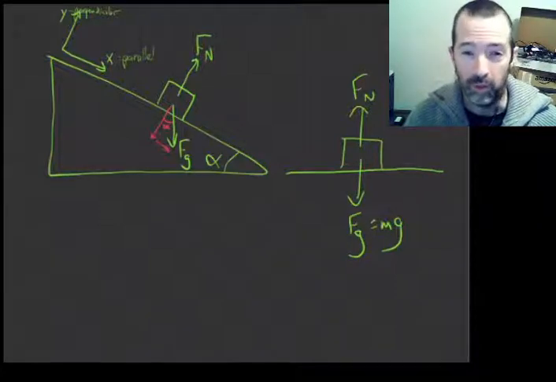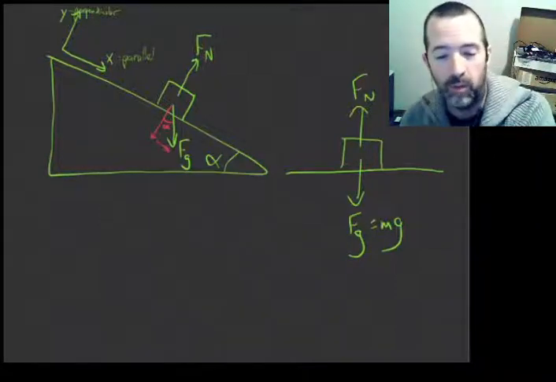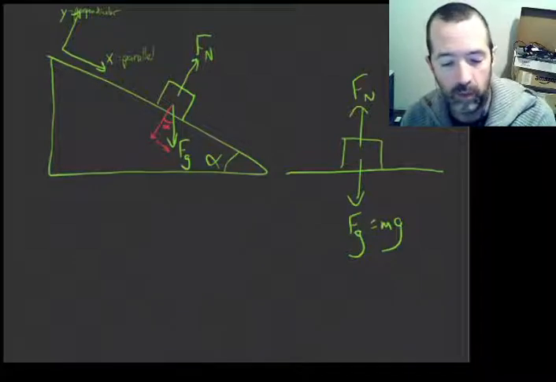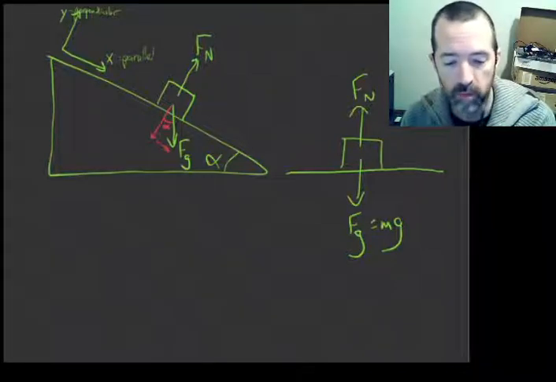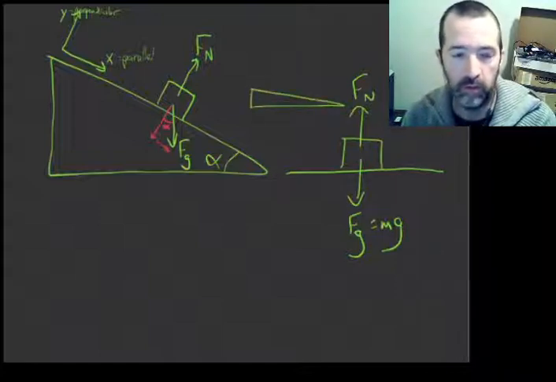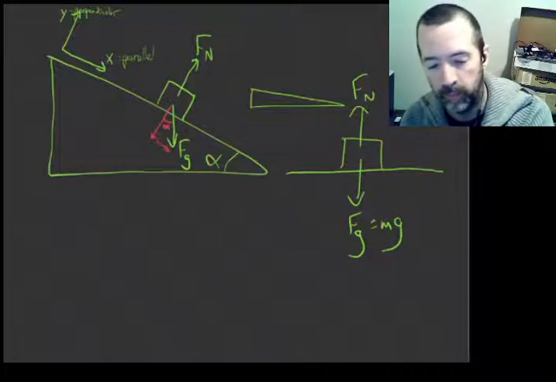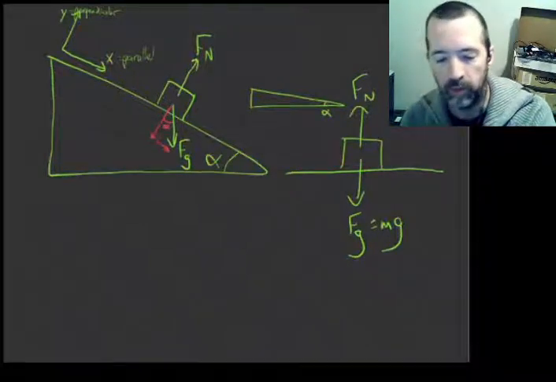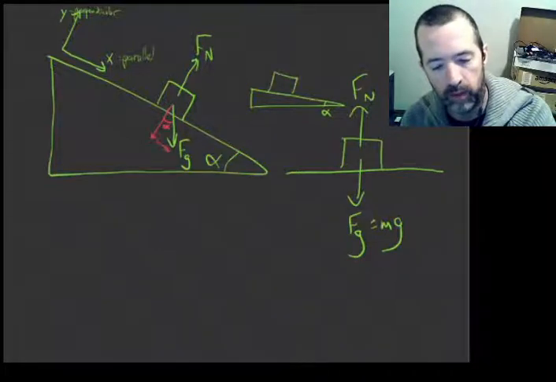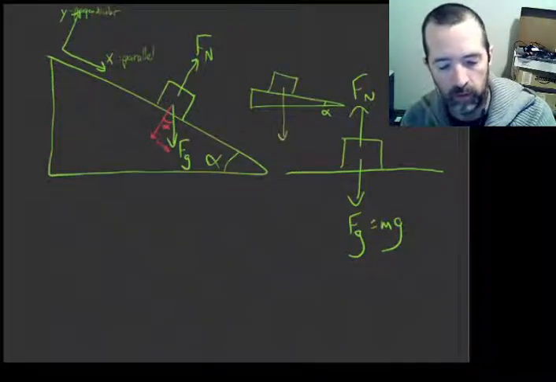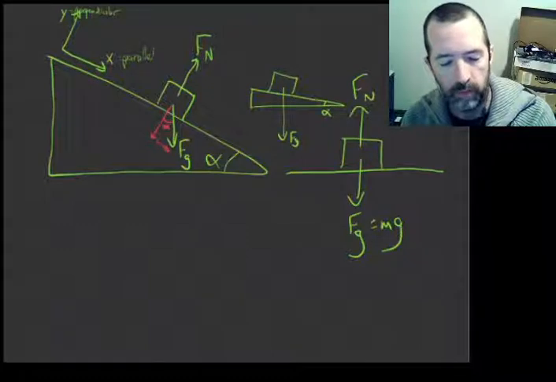One way you could try visualizing that is if you were to imagine a case where the angle theta, or alpha, is really small. So suppose I make an example like this, where alpha is only like 10 degrees or something. If I try to duplicate what I was just doing, here's the FG.